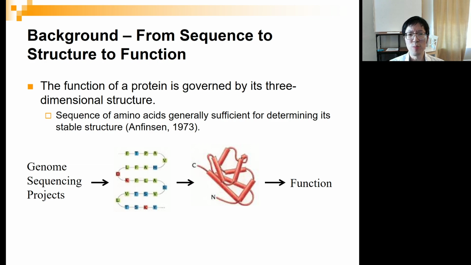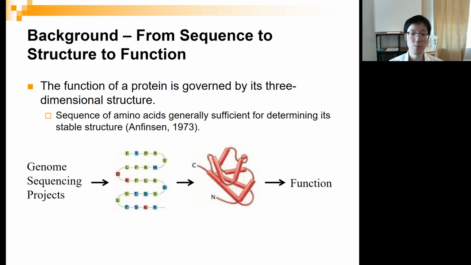One very important discovery made in the 70s is that the sequence of amino acids that compose a protein is generally sufficient for determining its stable three-dimensional structure.